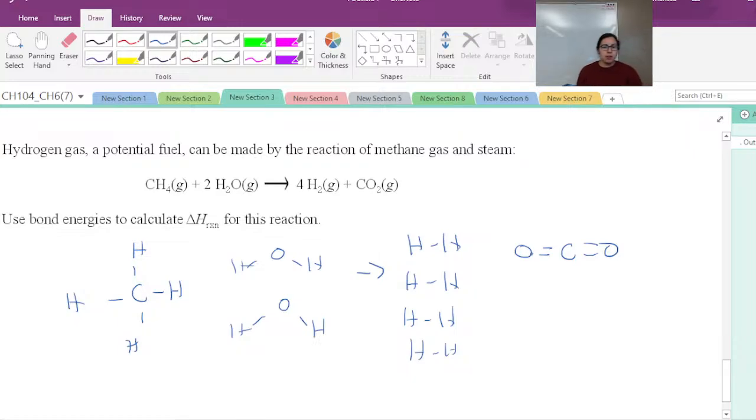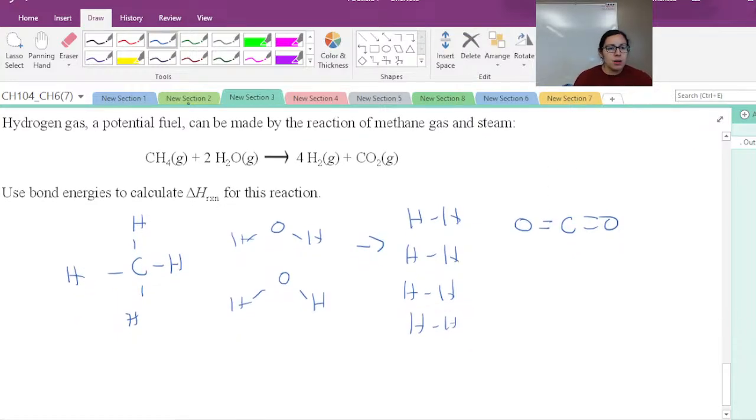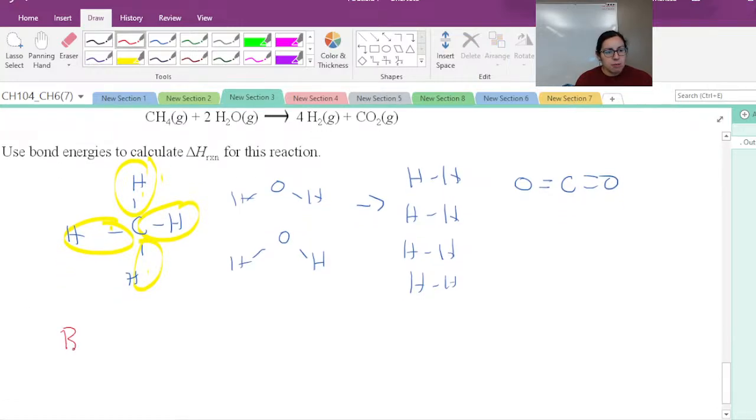Okay, and then there's CO2. All right, so then maybe just highlight what we need to change. I'm noticing here from our problem, we started off with methane, but now it became CO2. So it looks like we're going to have to break 4 carbon-hydrogen bonds. I'll just lay out what we're going to do.